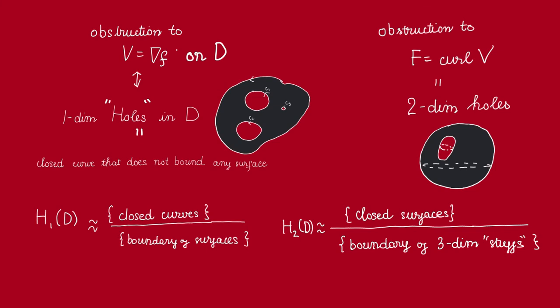And that's going to be the second homology group. We can just generalize this to n dimensions and get the nth homology group. So that's the historical motivation of homology. It helps us measure the extent to which a differential form fails to be exact using the topology of the underlying space. Next, we're going to look at some practical motivations for homology.